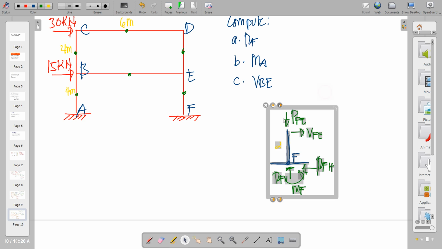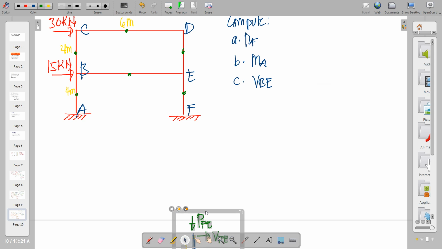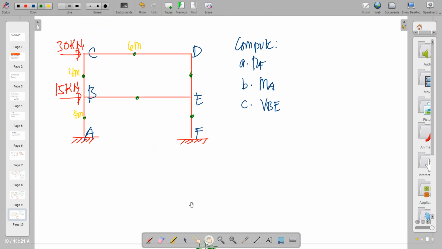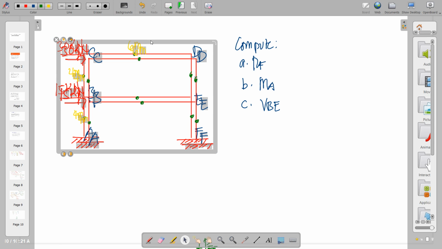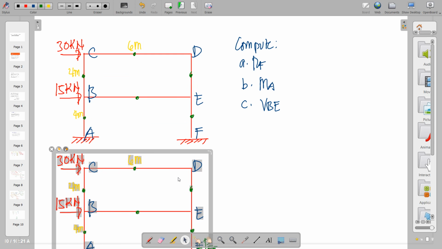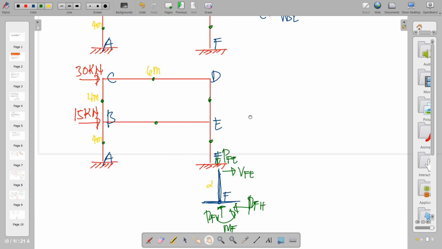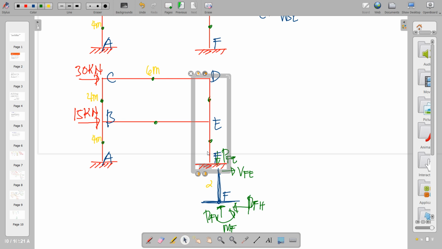See, I'll just transfer this and then consider the whole structure. So I'm gonna copy this. Then we'll just have to delete this portion.